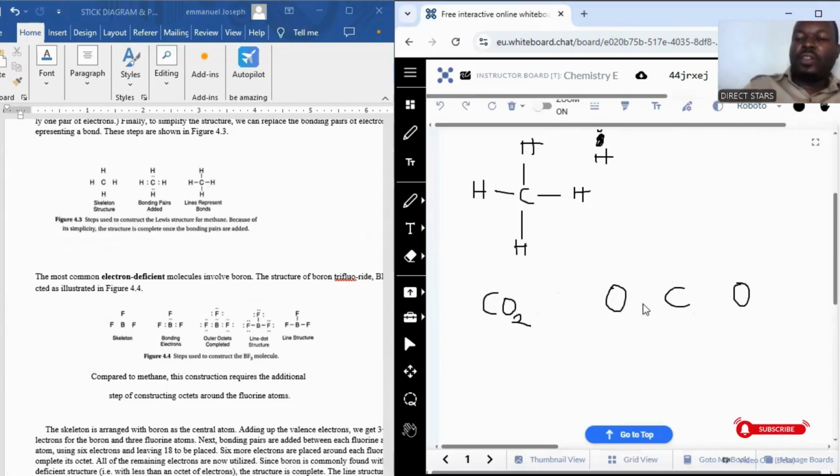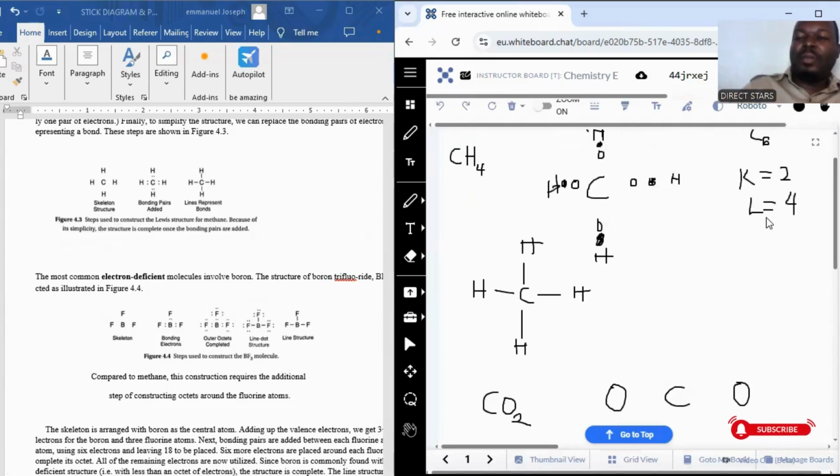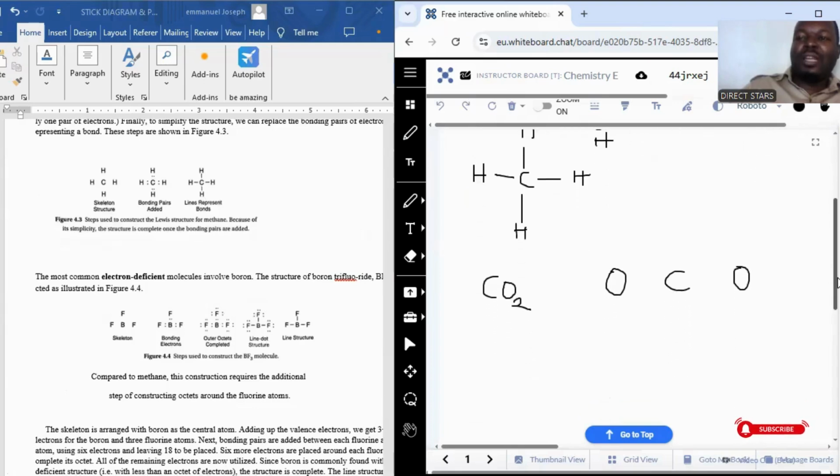And since your oxygen atoms are on the left and on the right, you ensure your 4 electrons, remember carbon has just 4 outer electrons, are on the sides where you have your oxygen. So I'll place one here and one here. It has 4, so another one here and one here.